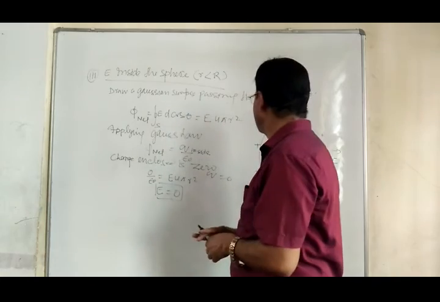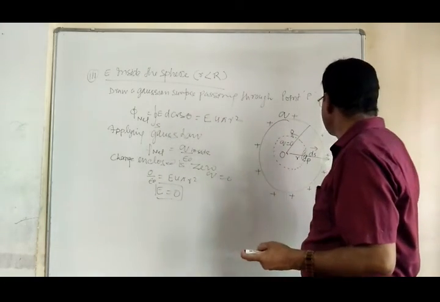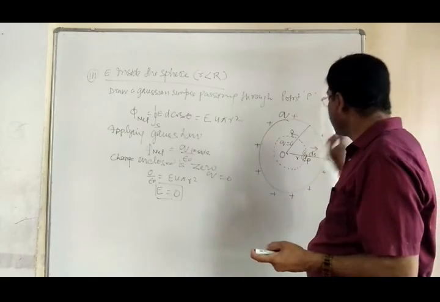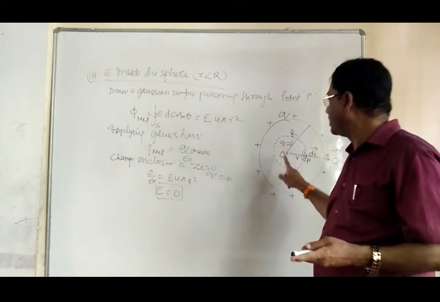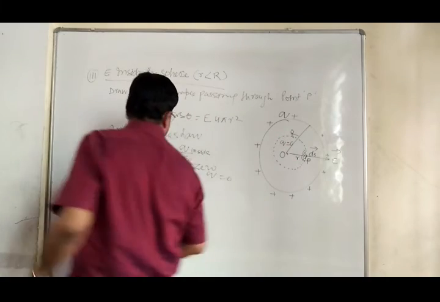Now you can draw a graph. You have to plot a graph of the electric field at different locations: outside the sphere, at the surface of the sphere, and inside the sphere. Let's see how the graph will be.